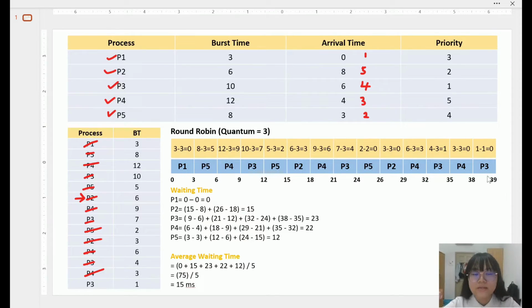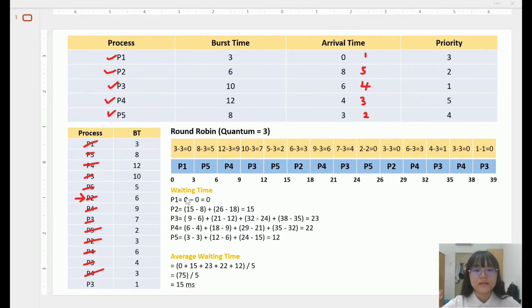So the total time is 39. The waiting time for process 1 is 0. There is no waiting time because the arrival time of process 1 is 0 and here is 0. After that, for process 2, 15 minus 8, and here 21 minus 18, we get 15.